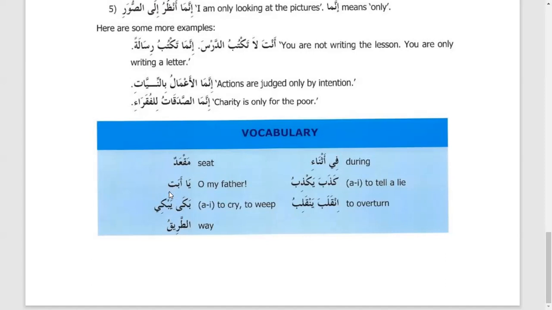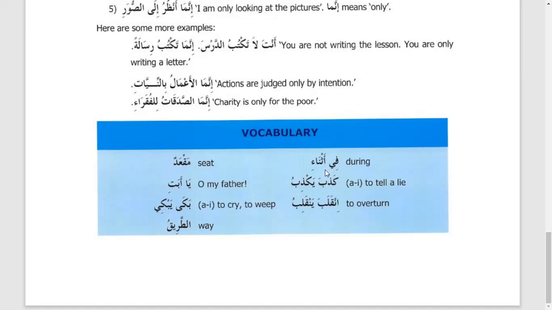And again, this is about the diversity and the beauty of the Arabic language, that one word can be used in different ways. So ya abati la ta'bud ash-shaytan. It's used in Surah Maryam when Ibrahim alayhi salam says to his father, ya abati, oh my father, baka yabki, to cry, at-tariqu, way, fi athnai, during.